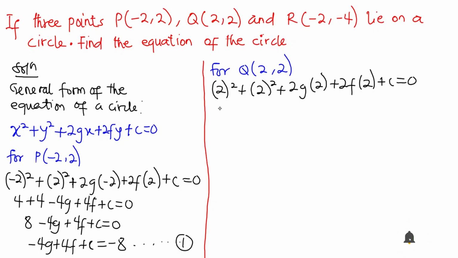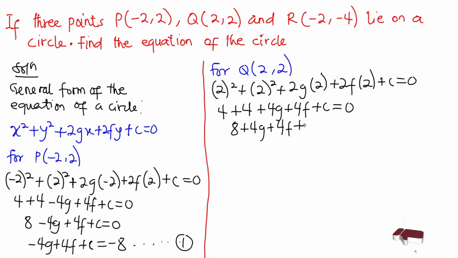Here we know 2 squared to be 4, so we have 4 plus 4 plus 4g plus 4f plus c equal to 0. So at the end we have 8 plus 4g plus 4f plus c equal to 0. By transposing 8 to the right hand side, we get 4g plus 4f plus c equal to minus 8. Now let's call this equation 2.